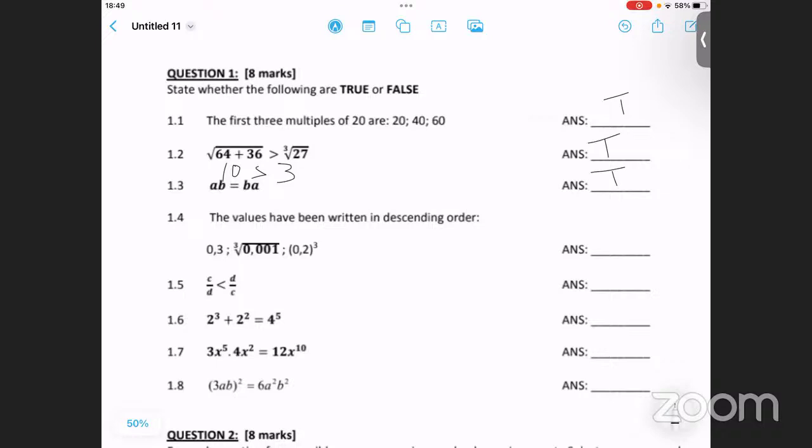What I got was 0,3 and then 0,1 and then 0,008. Okay, cool. This is going to be true. And here they're saying C divided by D is less than D divided by C.